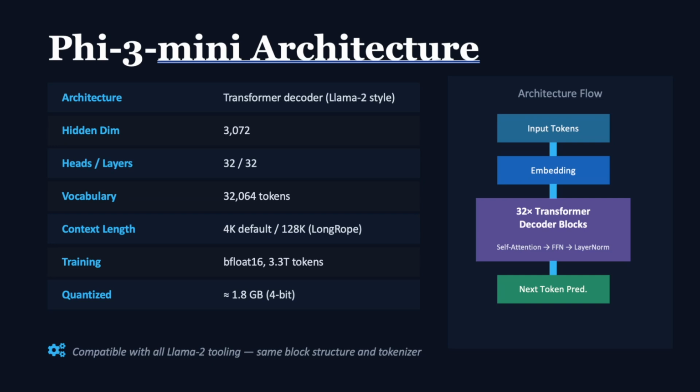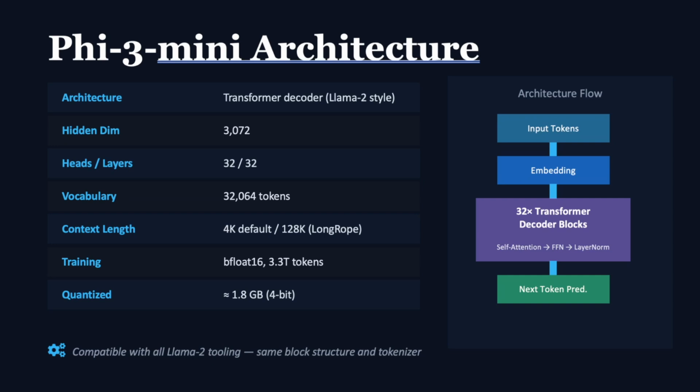As a result, existing Llama 2 tooling, inference stacks, and quantization pipelines can be reused immediately, with little to no additional porting effort. Looking at the model itself, Phi-3 Mini includes 32 layers, 32 attention heads, a hidden size of 3072, and a vocabulary of about 32,000 tokens.